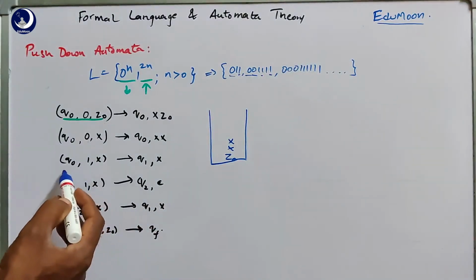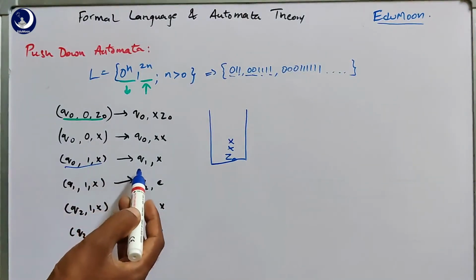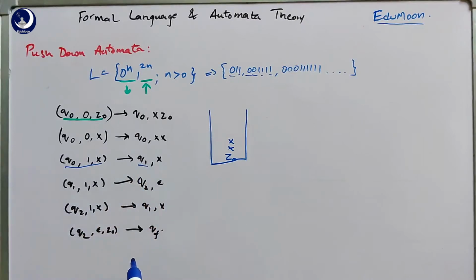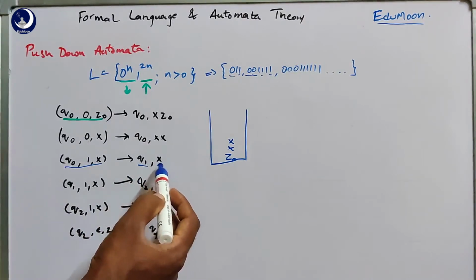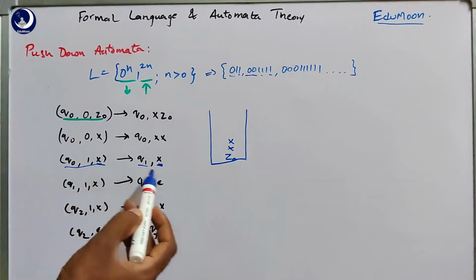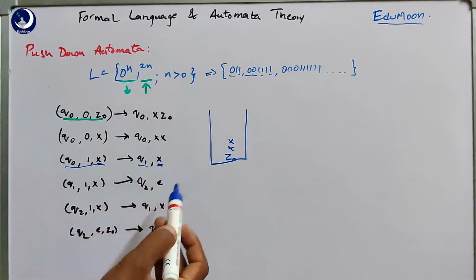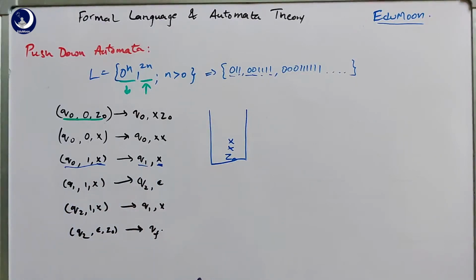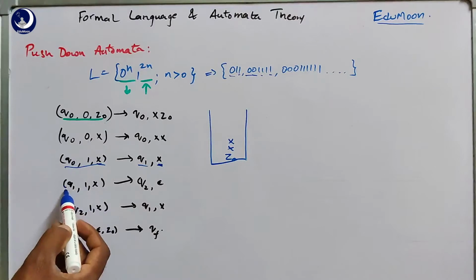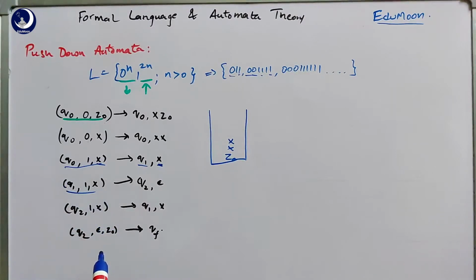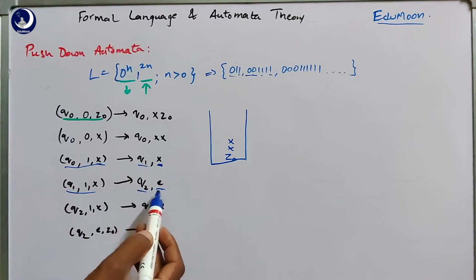For the first 1 we encounter, we don't pop; we just go to the state q1 without any stack operation. So here we have written the same x: we just change the state, but we don't pop any element. But in the q1 state, reading the even-numbered ones, we pop an element and go to another state q2.